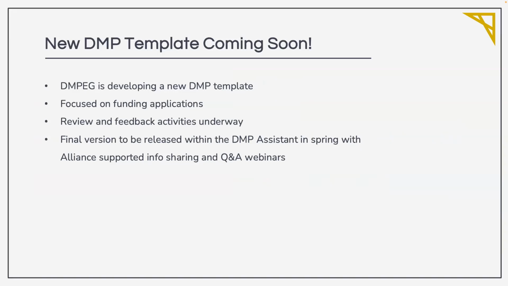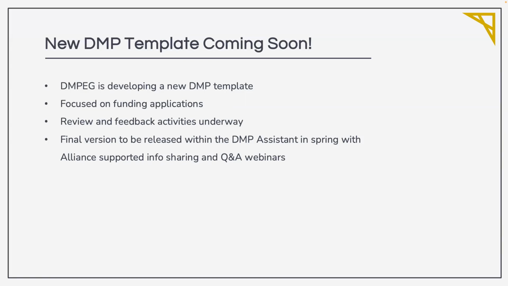So one thing that I was asked to promote, and this will be coming out in the next month or two, is a new DMP template coming up with the DMP Assistant. DMPEG, the Data Management Planning Expert Group with the Alliance, is developing a new DMP template focused on funding applications. It's supposed to be a bit leaner, a bit more lightweight, with more concise guidance.